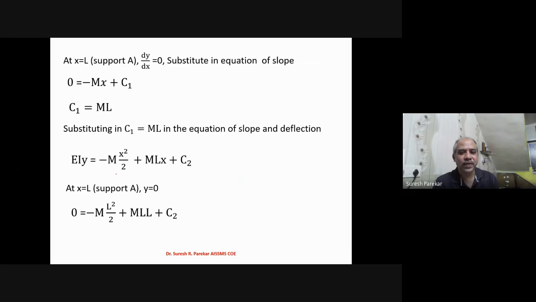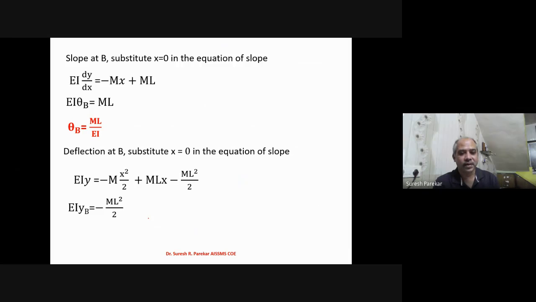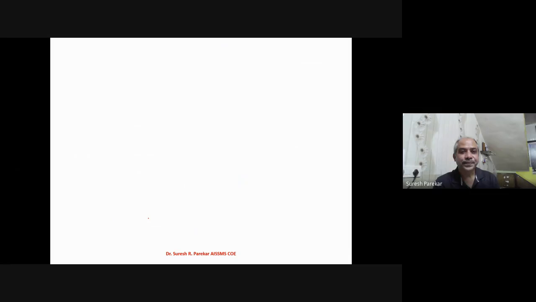C1 is ML, and C2 we get as minus ML square by 2, because ML square is plus and this will be minus ML square by 2. Then put x equal to 0, and you get theta B as ML upon EI, and for deflection you get minus ML square upon 2EI.